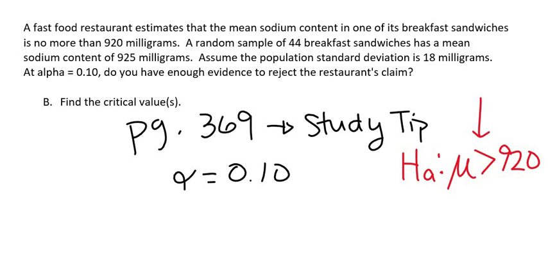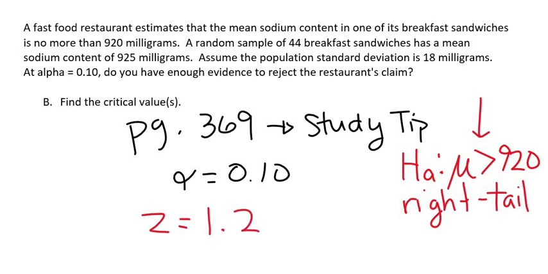So since our inequality sign is a greater than sign, this is going to be a right-tailed test. So looking at the little chart, we're looking at alpha equals 0.10, and I'm going to look for the right-tailed test, and I see that the z-score is going to be 1.28. So that's going to be my critical value.